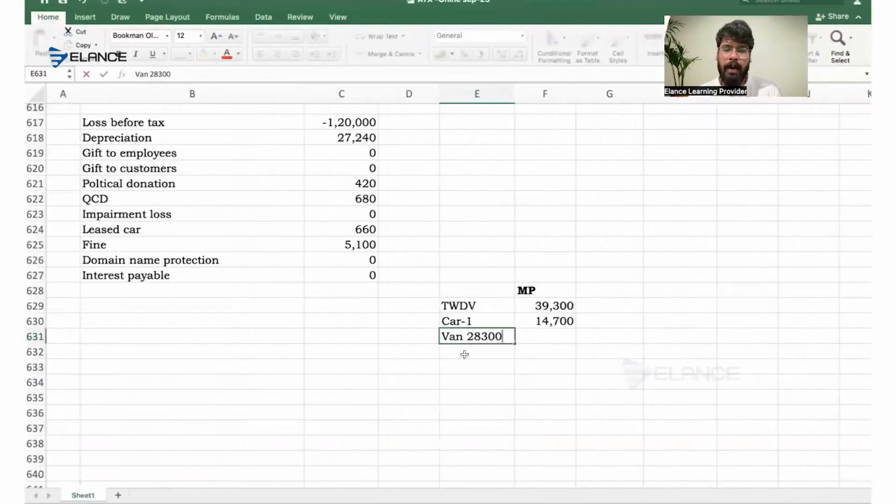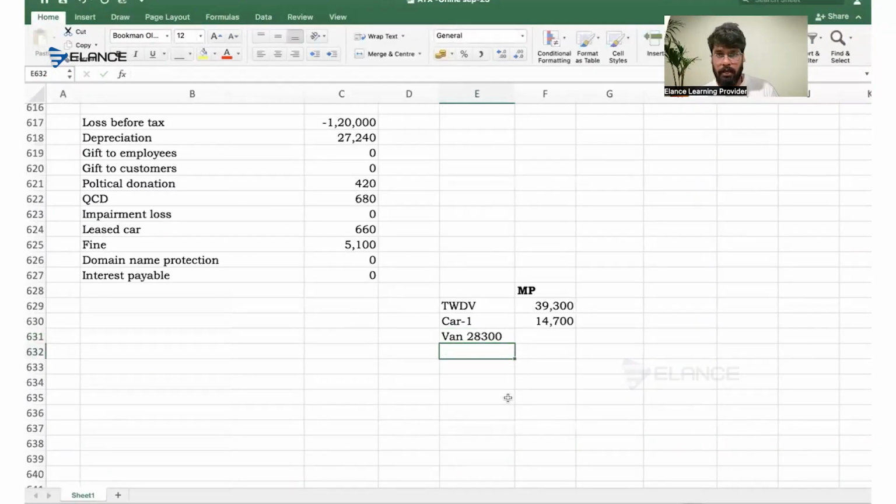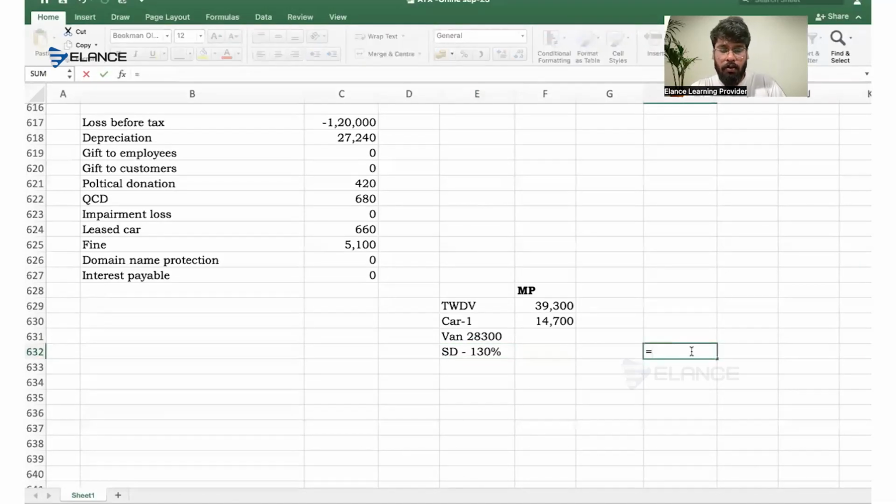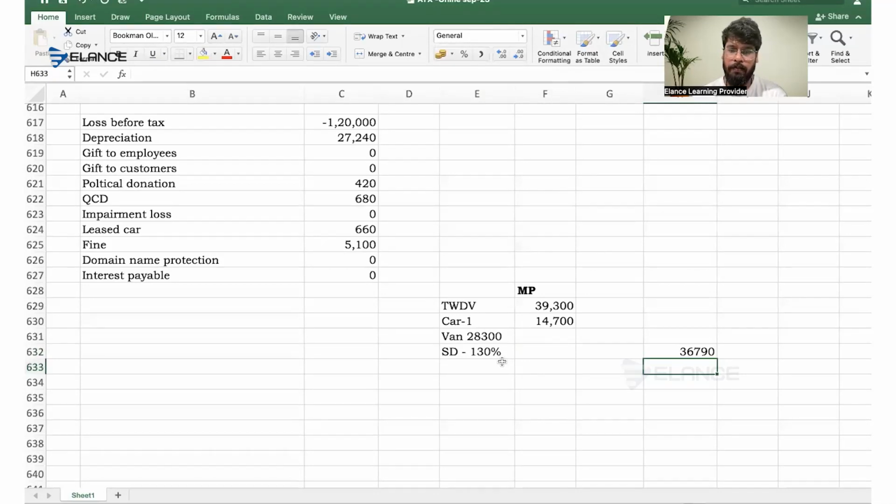The van was purchased for 28,300, and we can use the super deduction of 130%. The whole amount, 28,300 into 130%, will go to the allowance pool. No amount will come into the main pool.